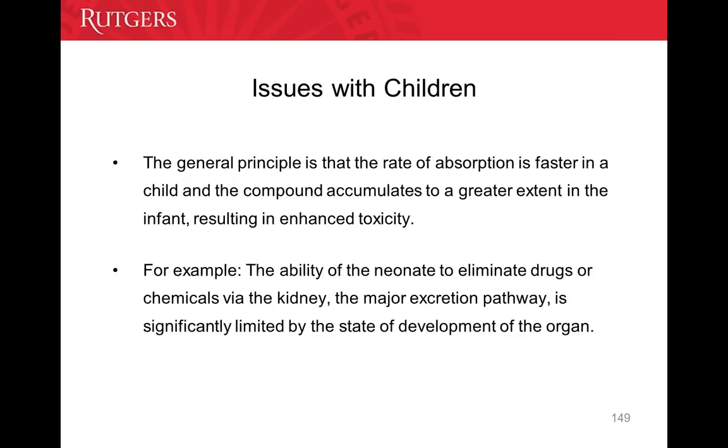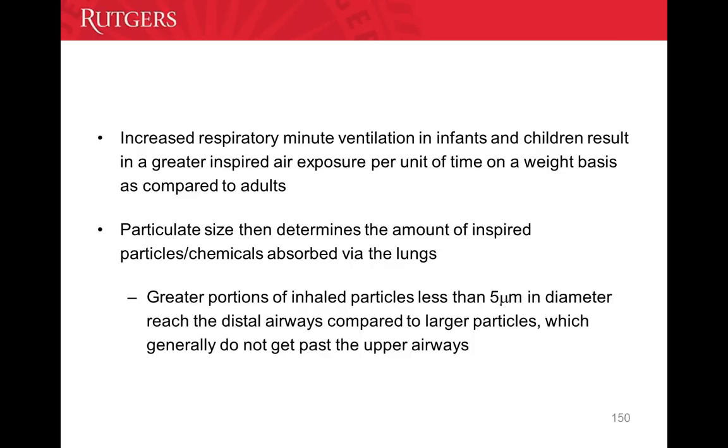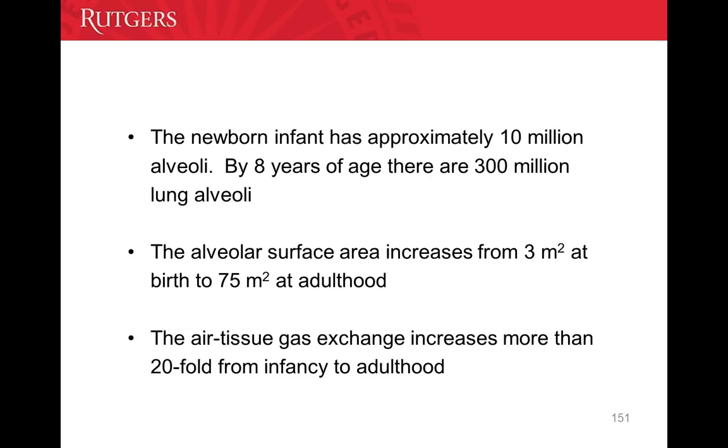The rate of accumulation is much higher. And here's a good example. The ability of a neonate to eliminate drugs or chemicals via the kidney, the major excretion pathway that you and I have as adults, is limited because the kidney is not developed in the neonate. The same thing applies to respirable particles and other kinds of toxic assaults. It's just a different model in kids.